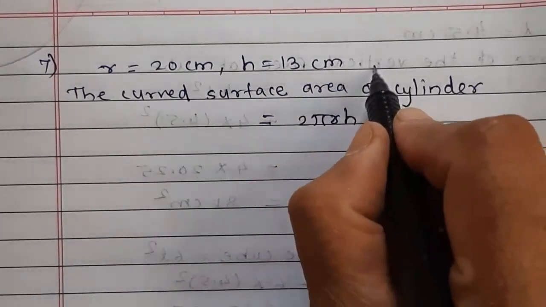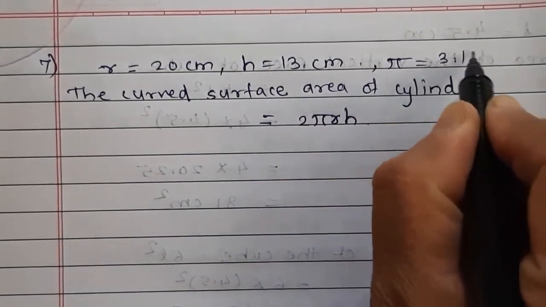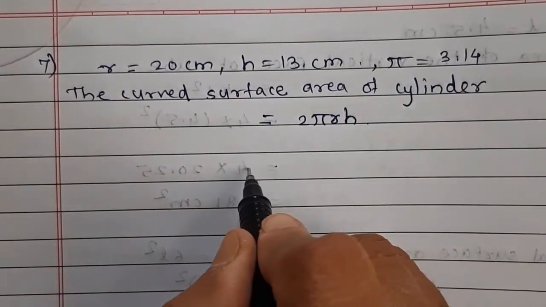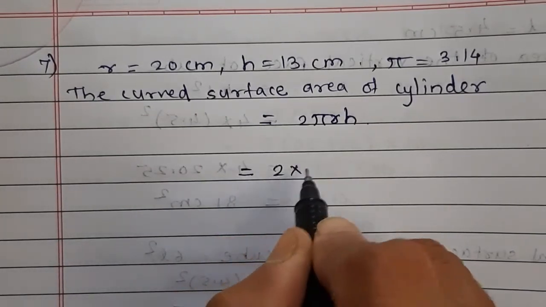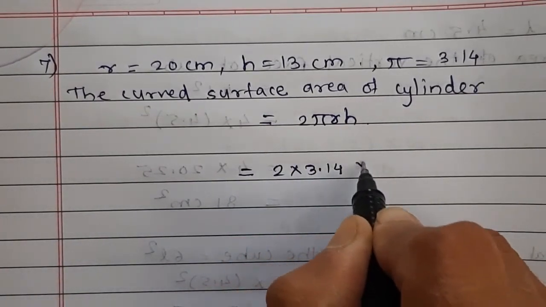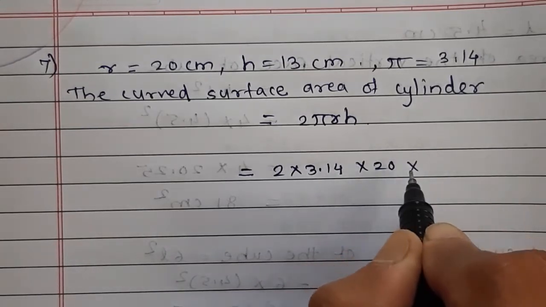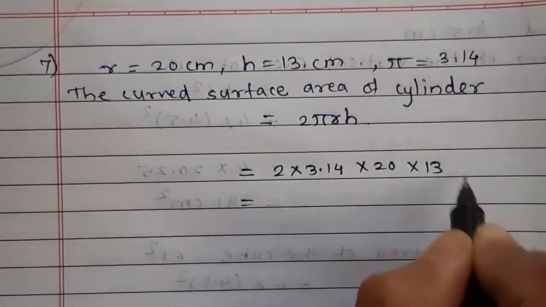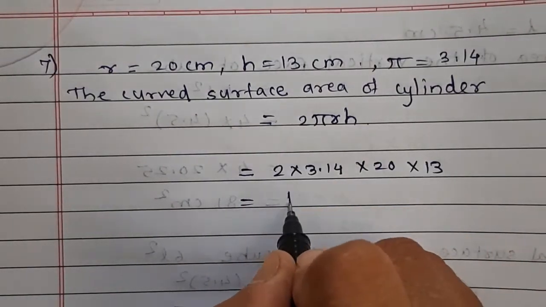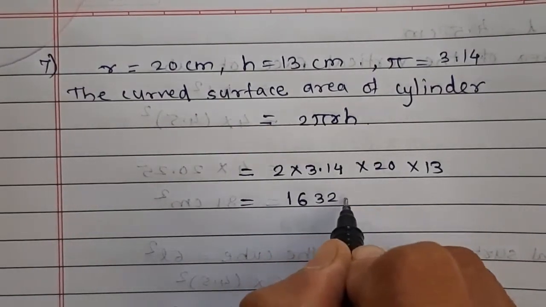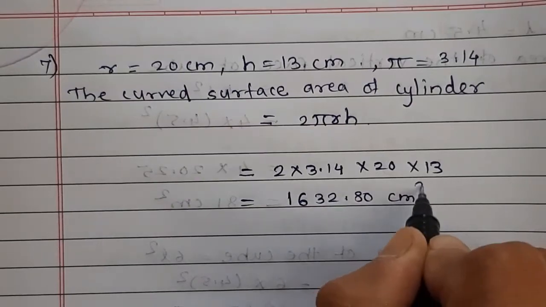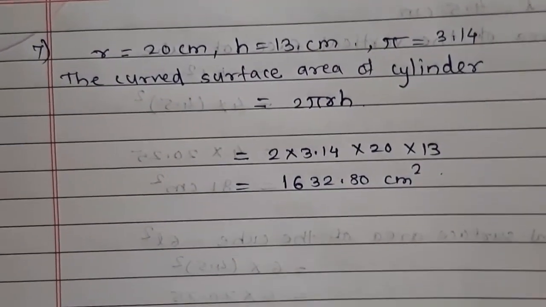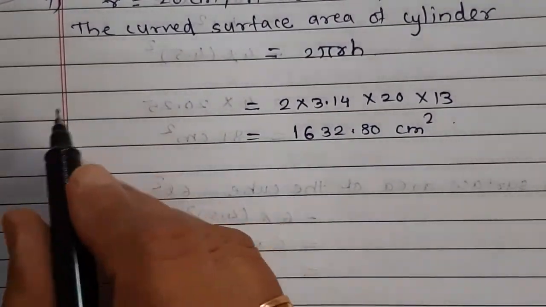Pi value is already given here, that is 3.14, so we have to take the same. Now substitute the values. 2 into 3.14, R is given 20, then H is given 13. After taking the product of all these, we get the answer 1632.80 centimeter square.